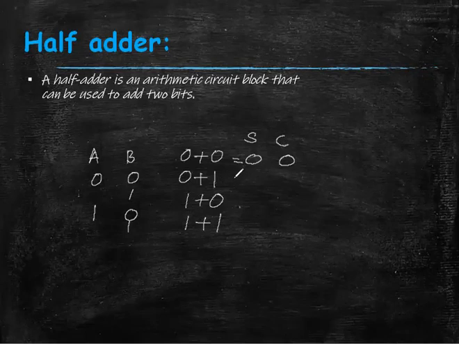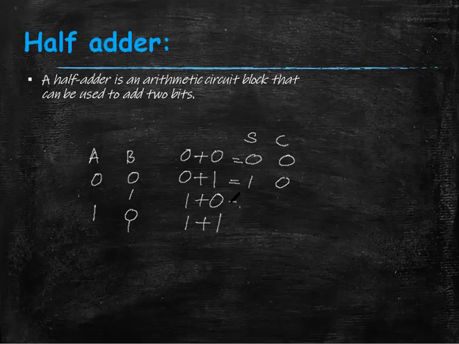And in the case of 0 and 1, we add 0 with 1. What will be the result? We get the sum as 1, the carry is 0, and this is simply binary addition.